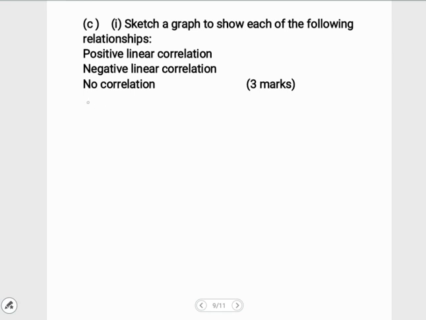So if the increase in the variable x brings about the increase in the variable y, then we say they are positively correlated.